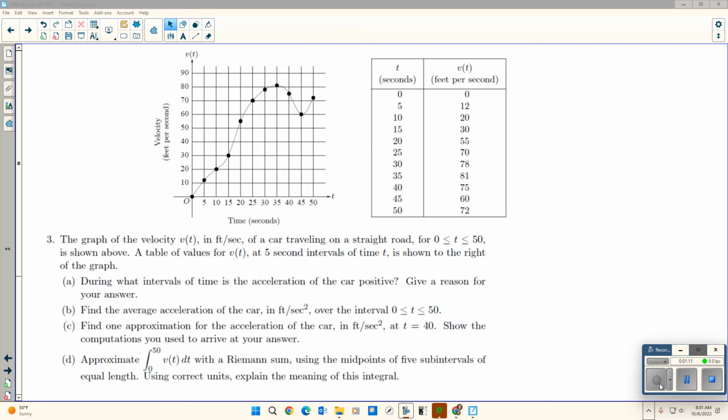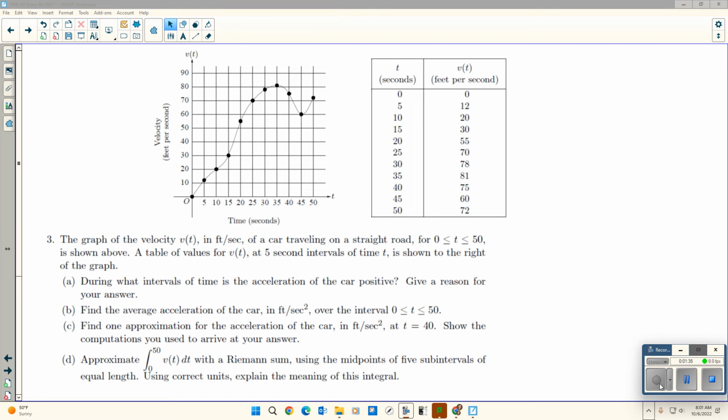Number 3 reads, oh boy. You guys know how I feel about graphs and charts. Love me some photos and pictures and displays. Number 3 says, the graph of velocity in feet per second of a car traveling on a straight road for a time between 0 and 50 included is shown above.